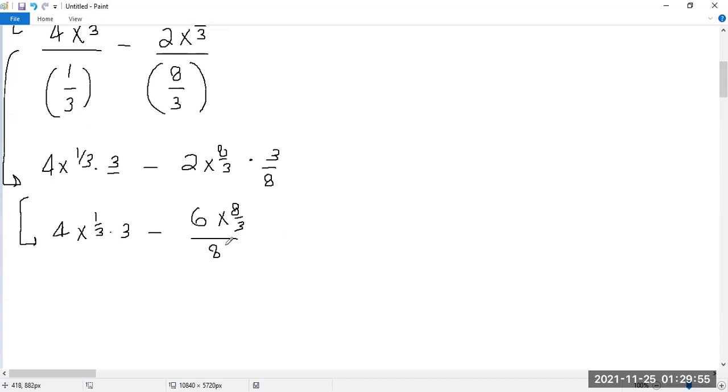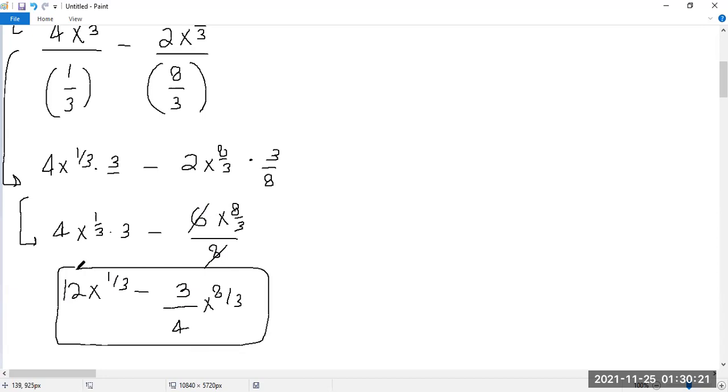Okay, and this would come about to being 4x to the 1/3 times 3, which would essentially be 12, if you think about it. We would have 12x to the 1/3 minus, 2 can go into 6 3 times, 2 can go into 8 4 times, and so this would essentially be our answer here.